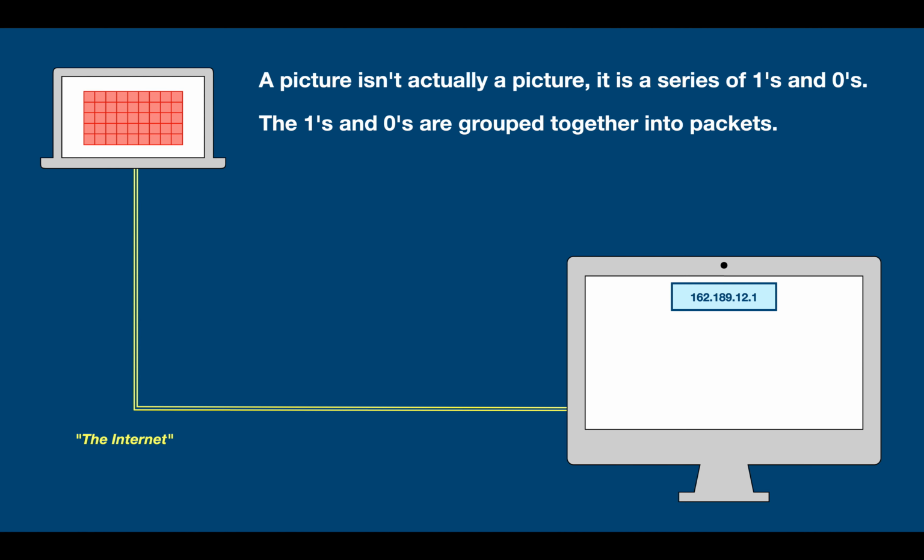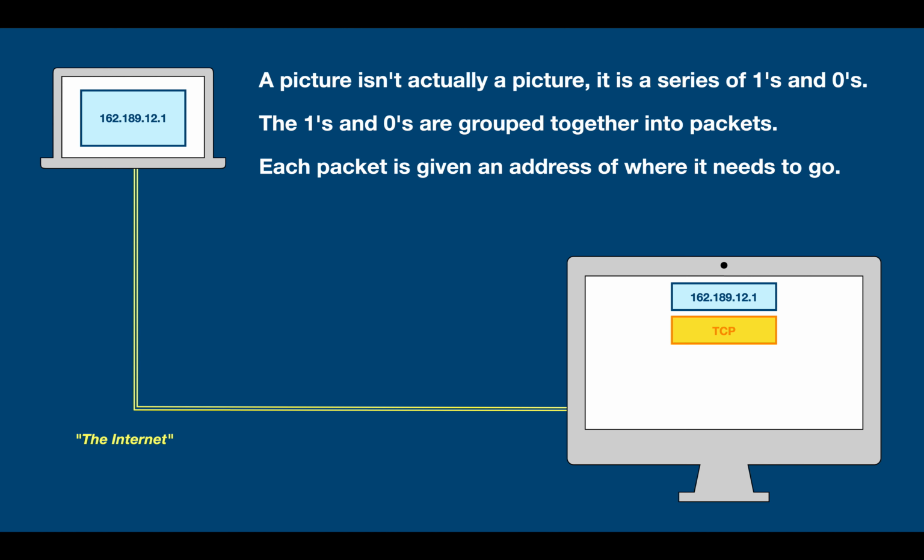So to reduce the size of the data that's sent across the internet, we place the ones and zeros into packets. Each packet is given an address, an IP address, which is the location of the computer we are sending the packets to.